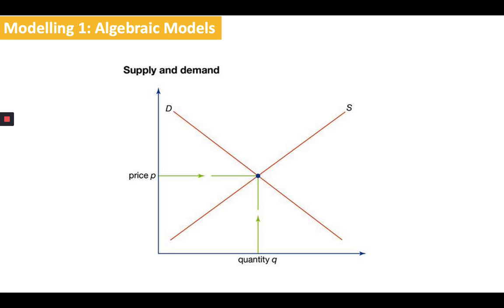If for some reason the supply drops, there's a bad crop, this may well push the price of those apples up because those that are available are more sought after. So the demand would be outstripping the supply.